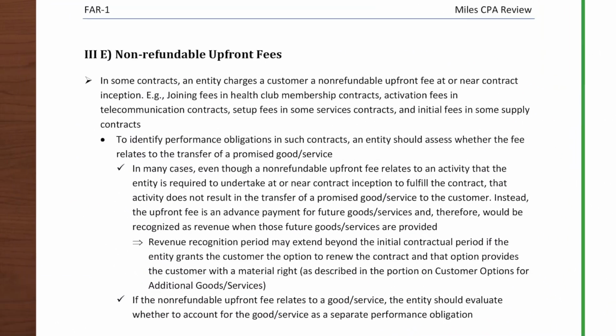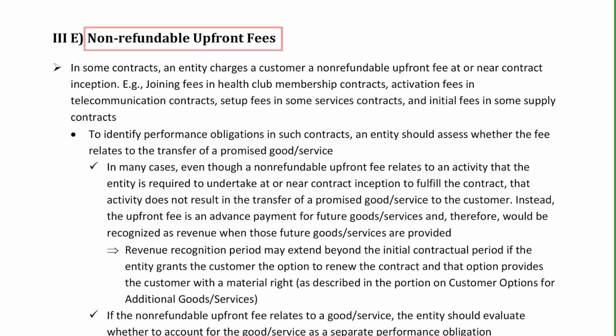On page 68, put a box around non-refundable upfront fees. So if the contract has non-refundable upfront fees to be paid by the customer, the entity should assess whether the fee relates to the transfer of a promised good or service. Put a bracket around the next two sub-bullets.